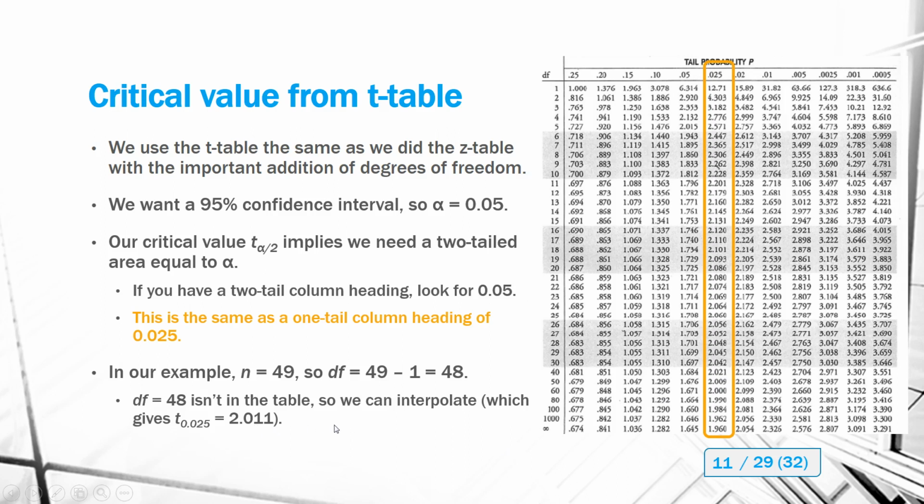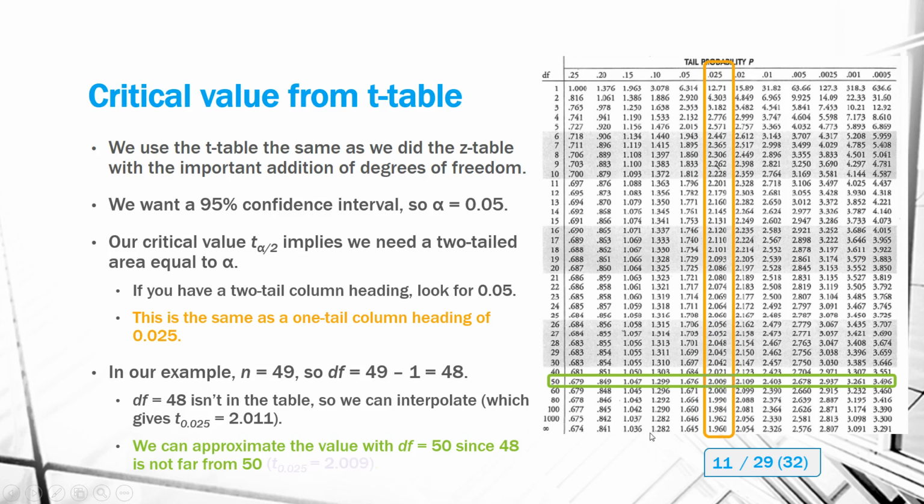But since I'm a lazy engineer, I would look at this and say, okay, 48 is not that far from 50, so I'm just going to take the value here that's listed in the row for 50. So if I look at this row for 50, the intersecting value here, 2.009, that's the one I'm going to just grab for my calculations, and I don't have to do the math involved with the interpolation.